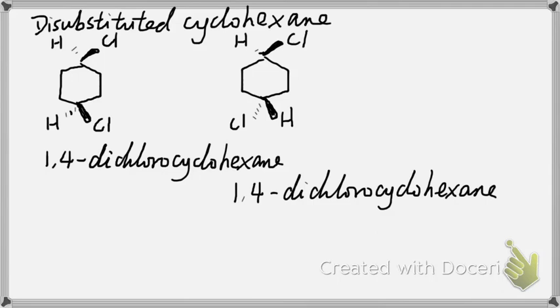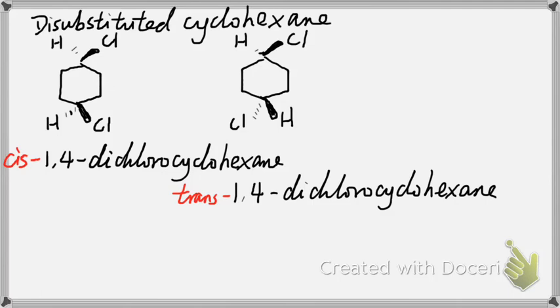So in the first case, when the two substituents are on the same side of the ring, we call it cis. And when the two chlorine atoms are pointing to the opposite side of the ring, we call it trans. So here we have cis-1,4-dichlorocyclohexane and trans-1,4-dichlorocyclohexane.